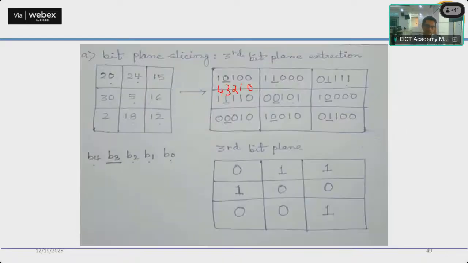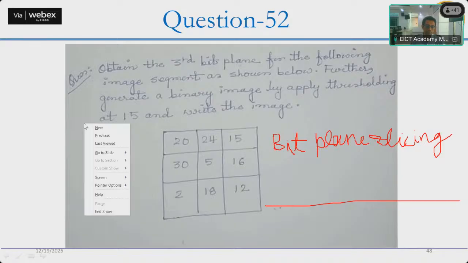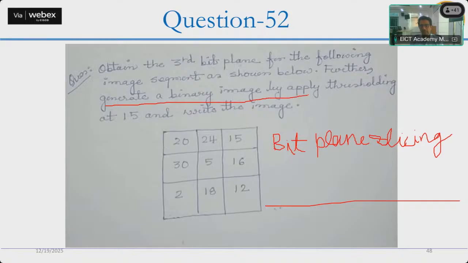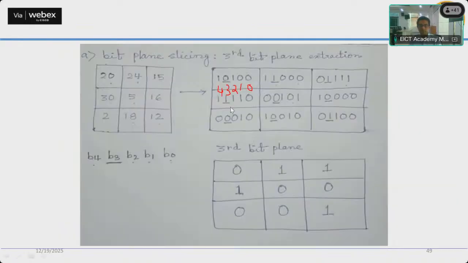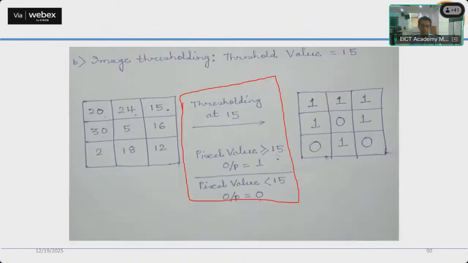See the question clearly: generate a binary image, binary meaning either 1 or 0, by applying thresholding at 15. The threshold is already given. We are not calculating the threshold, we are only calculating the other values with the help of the threshold. Does it explain your query, Saujanya?